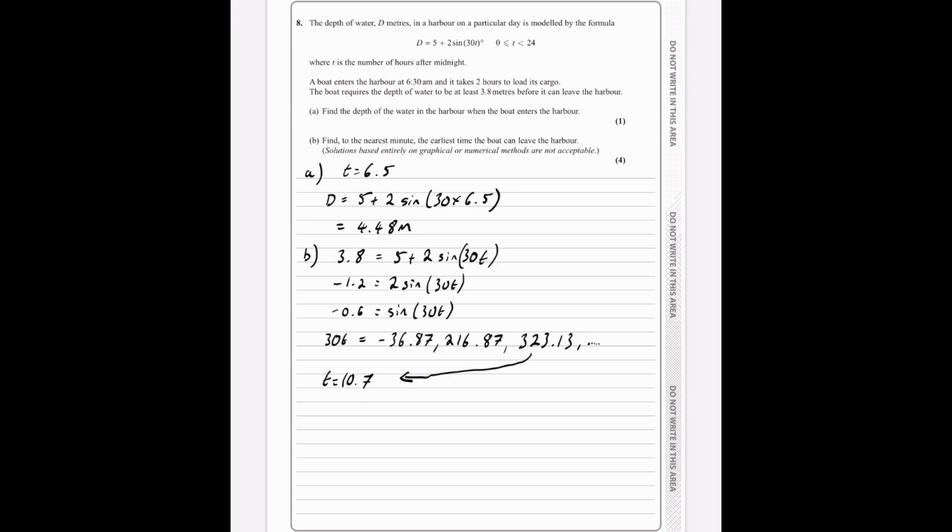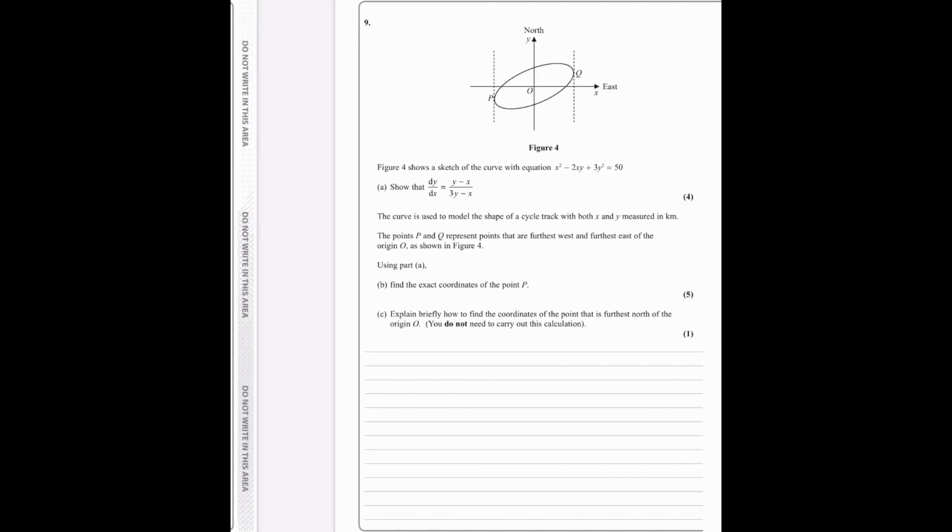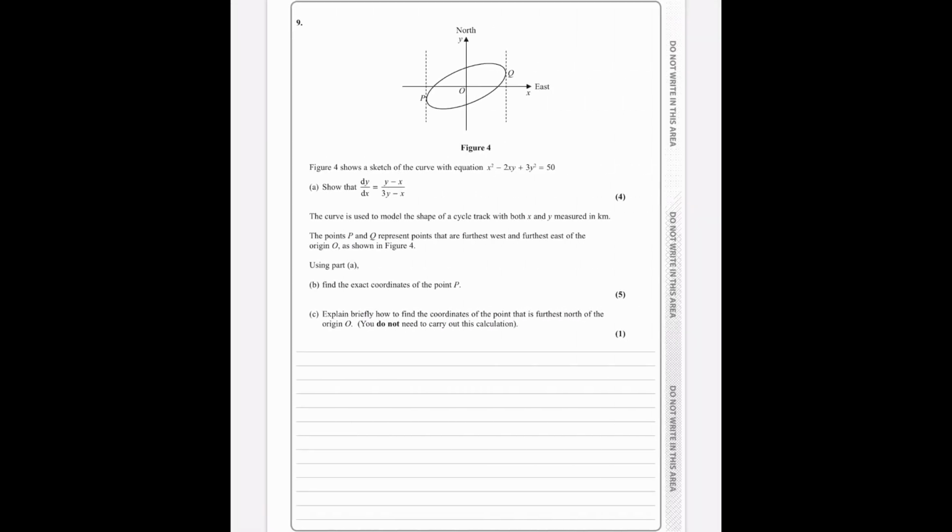As long as it's a legitimate method that you've used correctly, you'll get exactly the same values as I've got there. Divide them all by 30. And the one we want will give us 10.77. When you change 0.77 from a fraction over 100 into a fraction over 60, you get 46. So 10:46 a.m. for that one.